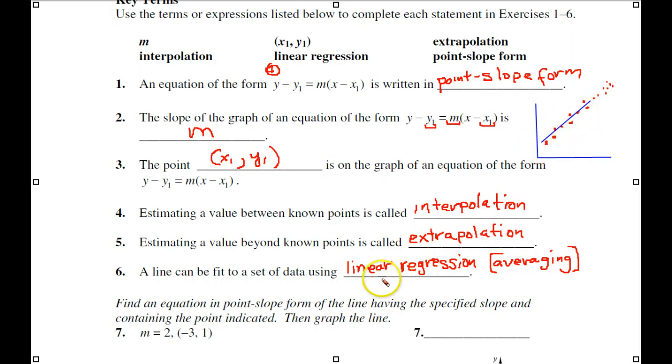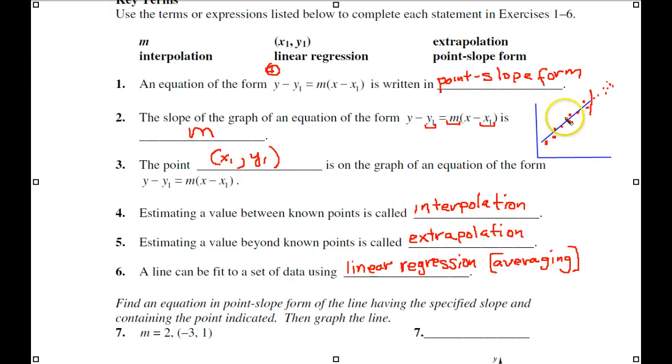We are doing what we call linear regression, which is sort of averaging our reading up here. Now notice up to this point we have data. So when we are picking data out of this area, we are doing what we call interpolation. Interpolation, estimating a value between known points.